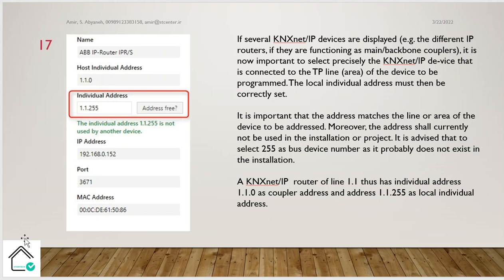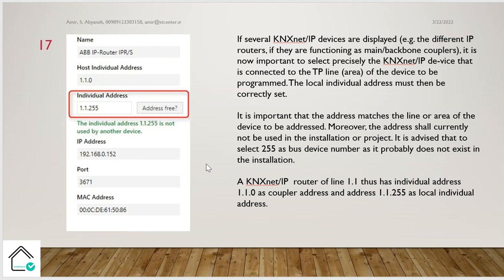If several KNXnet/IP interfaces are displayed, for example different IP routers functioning as main backbone couplers, it is important to select precisely the KNXnet/IP device that is connected to the TP line area of the device to be programmed. So always you should be in the line that you want to program. Remember that. If you are in line 1 from area 1, the individual address should be 1.1.255, for example.